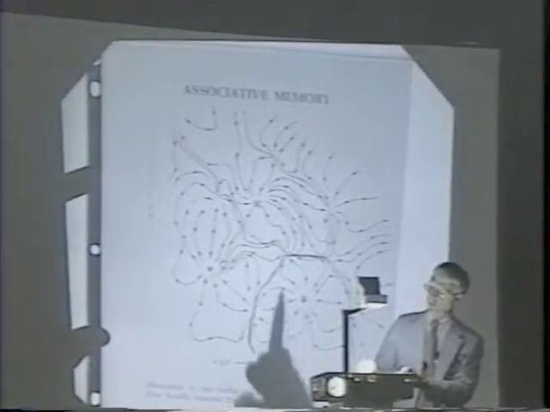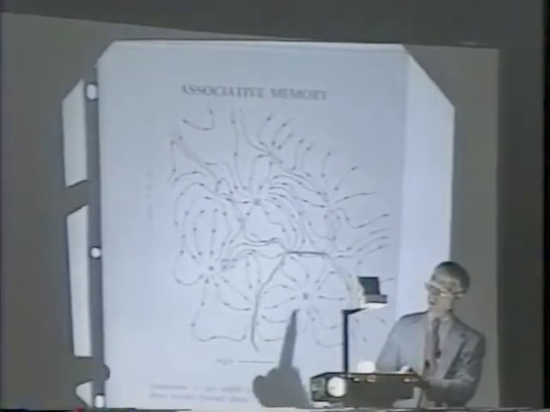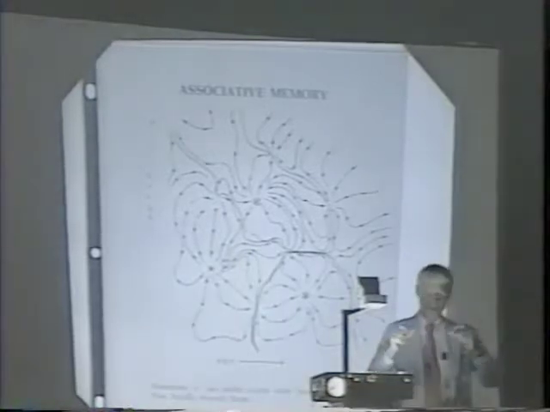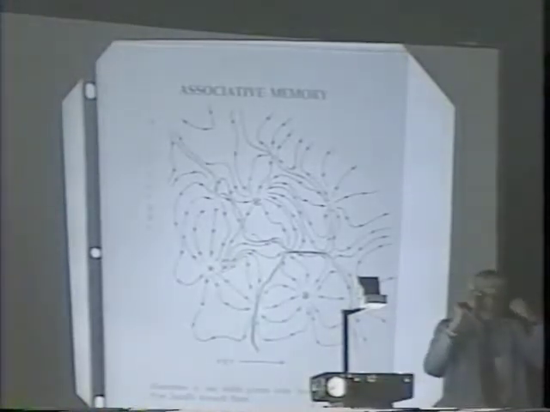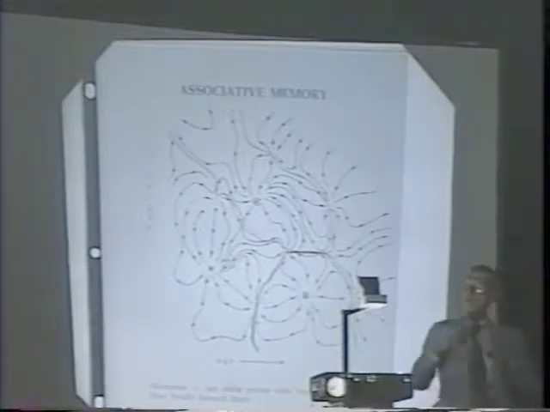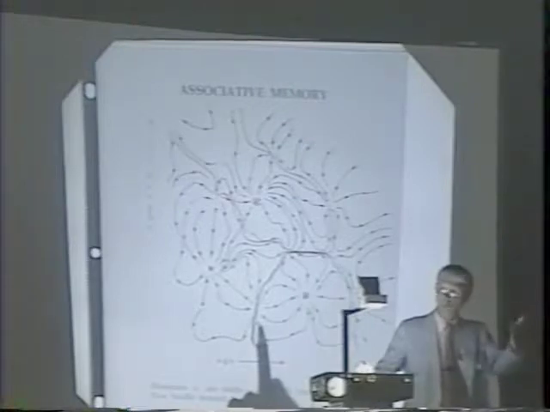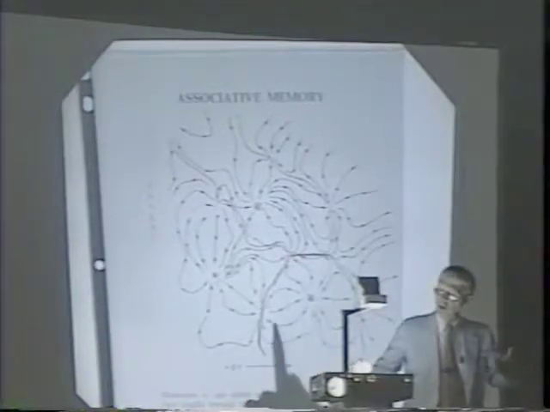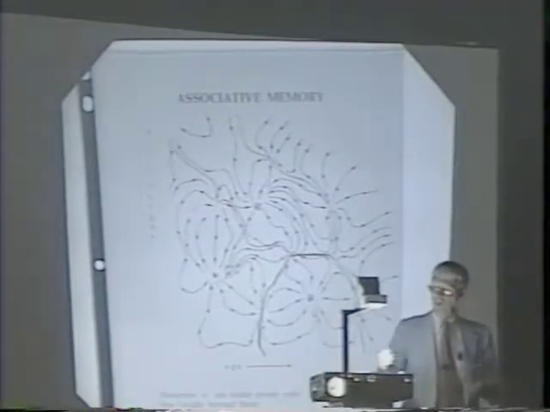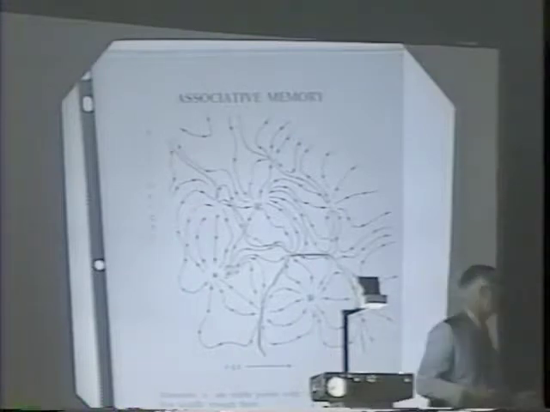Start here, I'll move to that one. And the particular patterns of activity where you stop and you stay in that pattern of activity are really what your memories are. And the recall process is the process in which you start somewhere from a clue you're given, and the activity changes in time to get to that location.